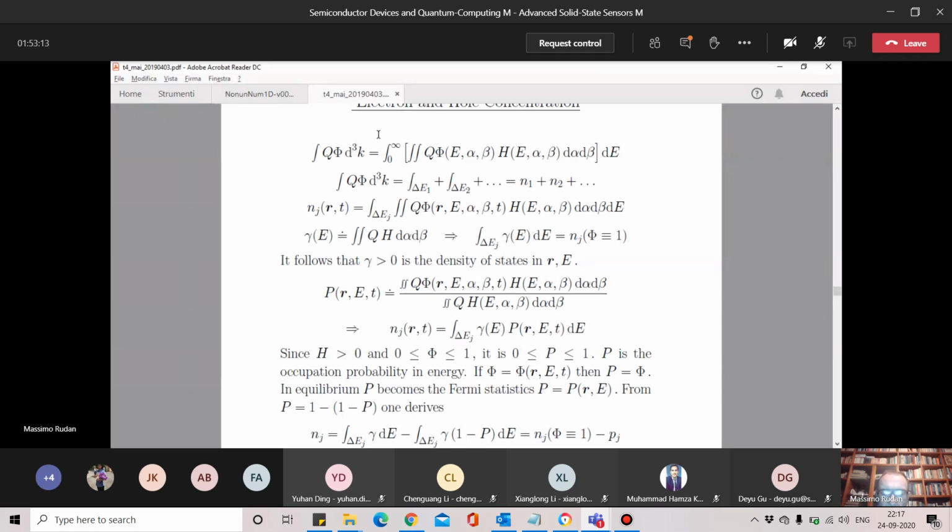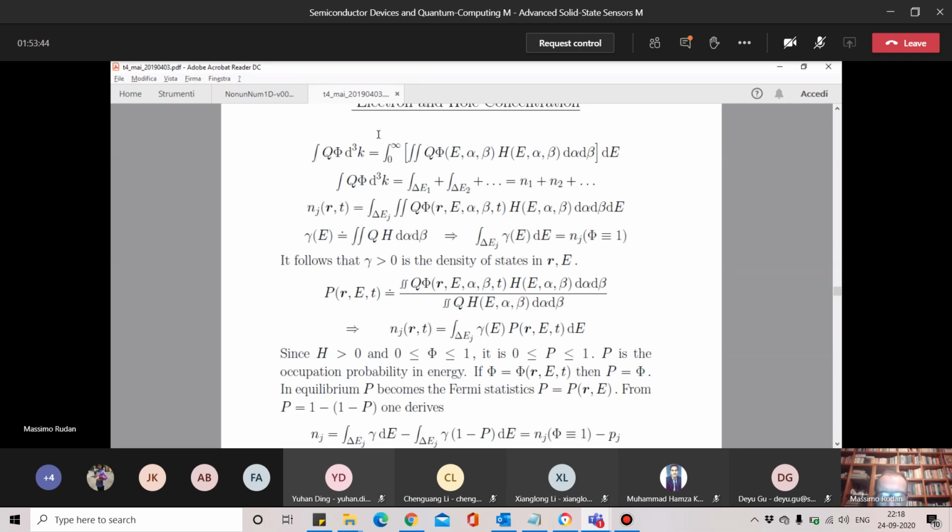Obviously, when we consider the equilibrium case, then the occupation probability of energy P must become the Fermi statistics. So at equilibrium, P becomes the Fermi statistics, and time disappears because there is no dependence on time in the equilibrium condition.